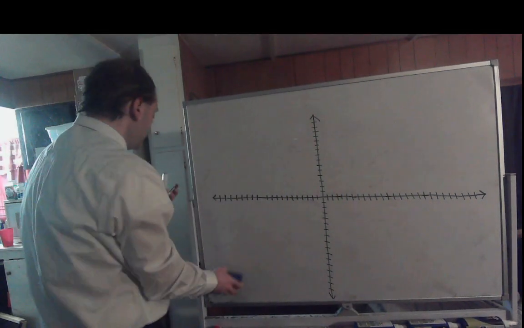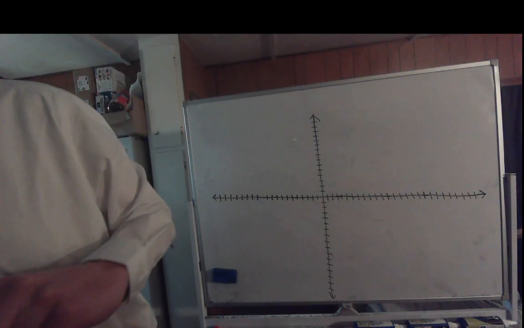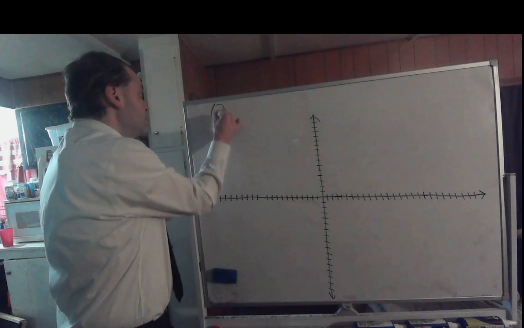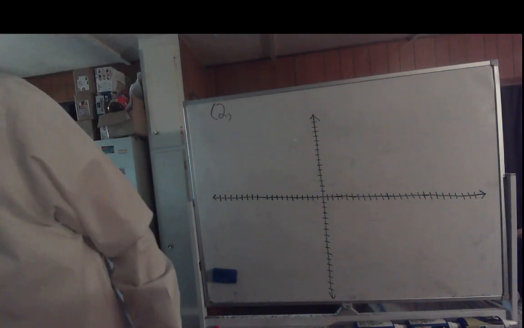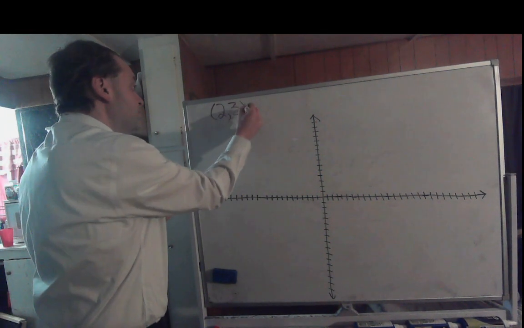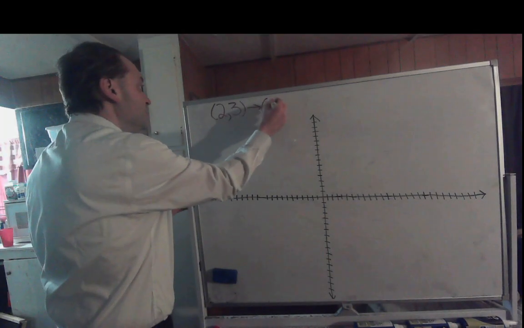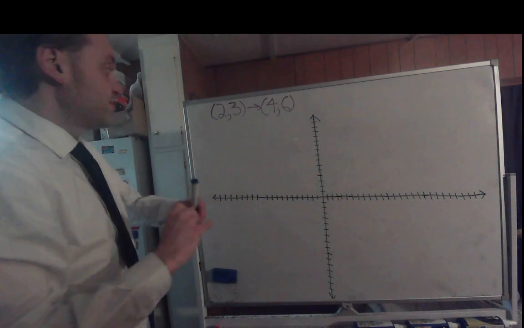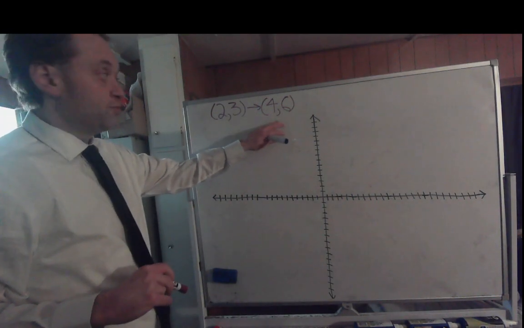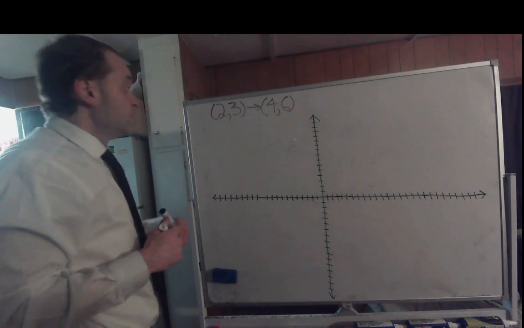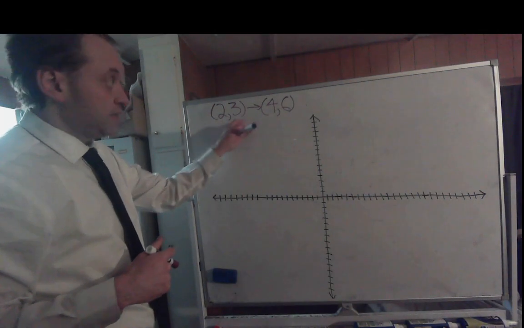Alright, so what if we had the coordinate 2, 3 to 4, 6. So the dilation of the point 2, 3 yields the point 4, 6. What is your scale factor? Well, 2 times 2 is 4, 3 times 2 is 6.